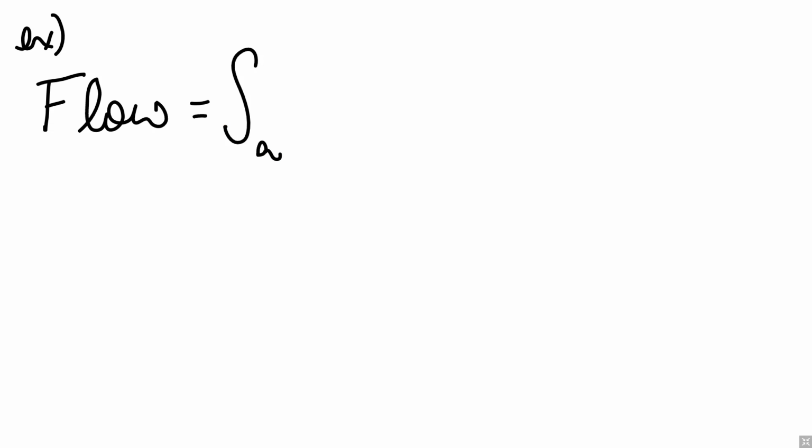Okay, so in order for us to find the flow, this is going to be the integral from A to B of our force field, dotted with the derivative with respect to t of our curve, dt.